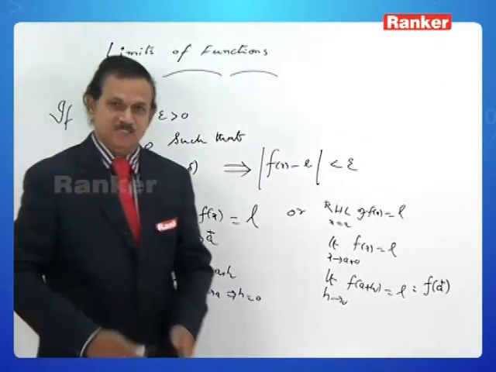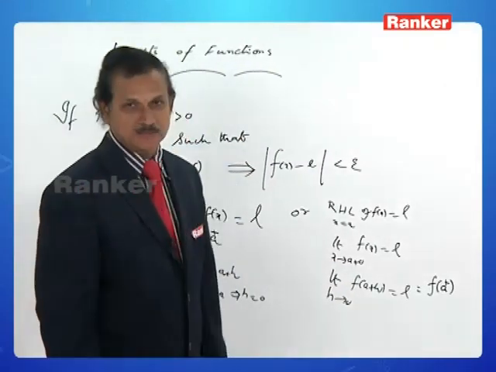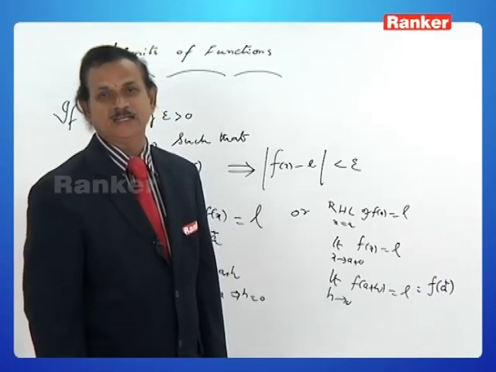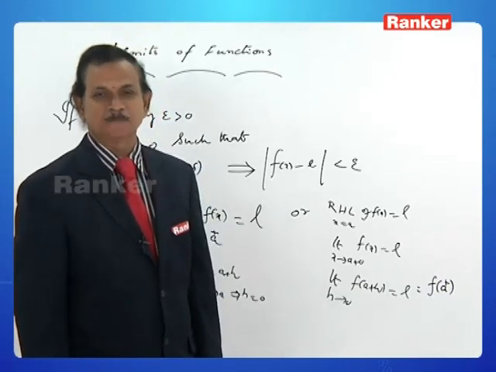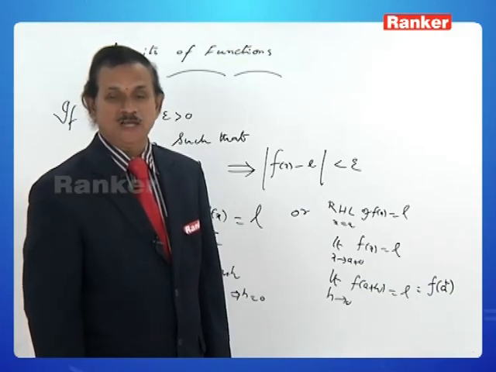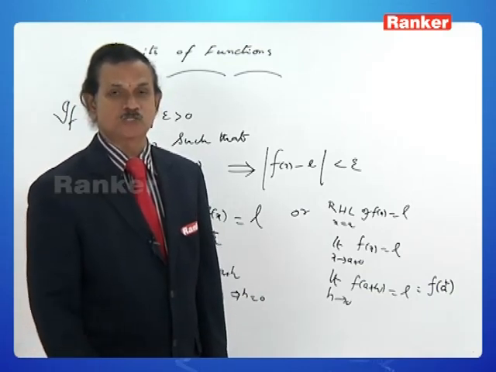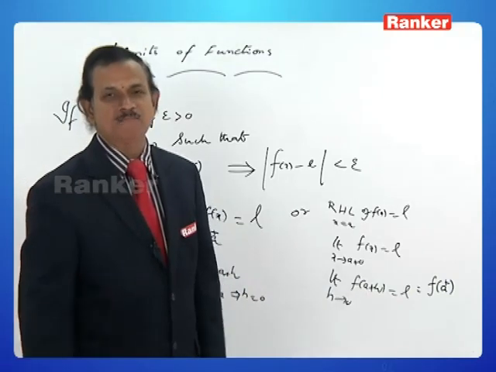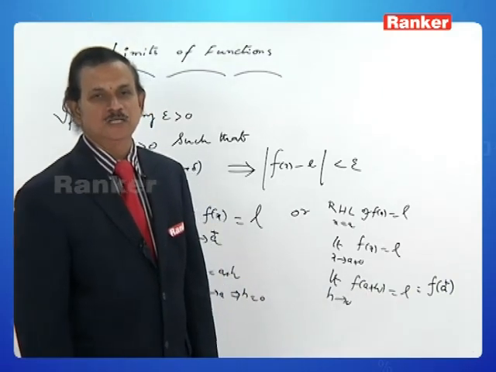My dear friends, even though we write f of a plus, you are not supposed to read it like that. Read it as f of a from right. Right hand limit of f of x, or limit of f of x as x tends to a from right. All of them give the same sense.